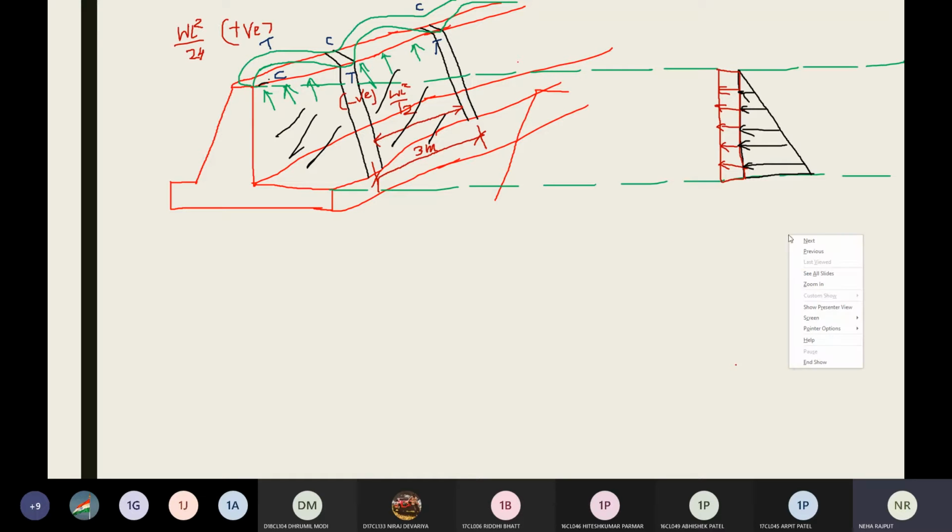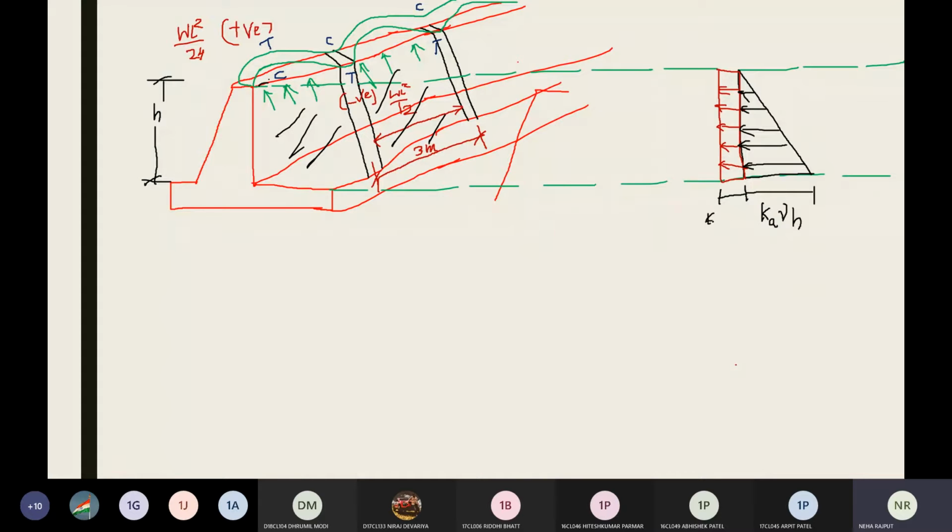Now the pressure value at this point will be K gamma into small h. What is small h? Small h is the height of the stem. Yes, because we are designing the stem, so this h will be the height of the stem. So this is K gamma h. And what is the surcharge maximum pressure over here?